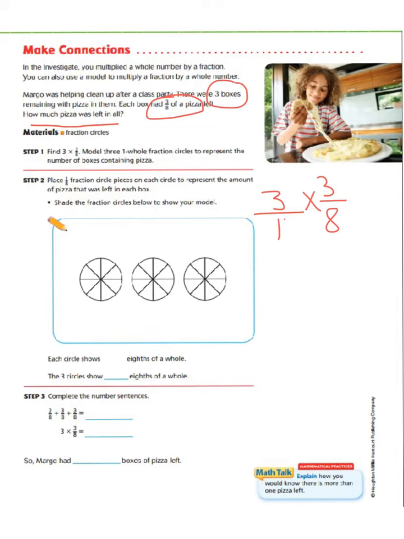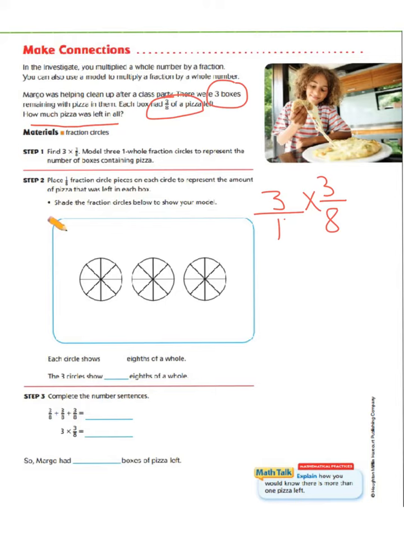So in this case, we're going to have 1, 2, 3 equal groups. Now our second number represents how much we have in each of our groups, and we have a fraction of 3/8. So in each one of these, we will need to shade in 3/8 of the pizza.